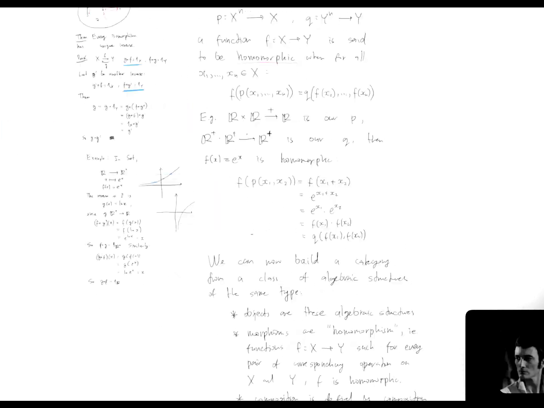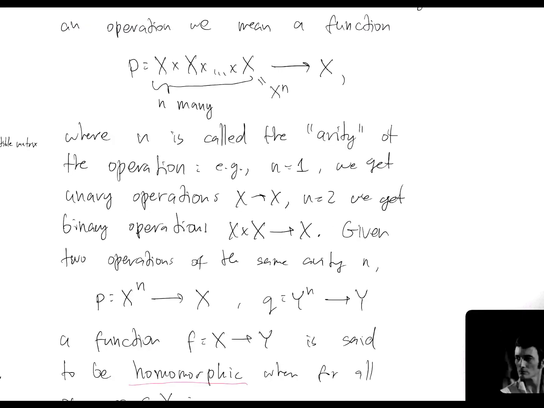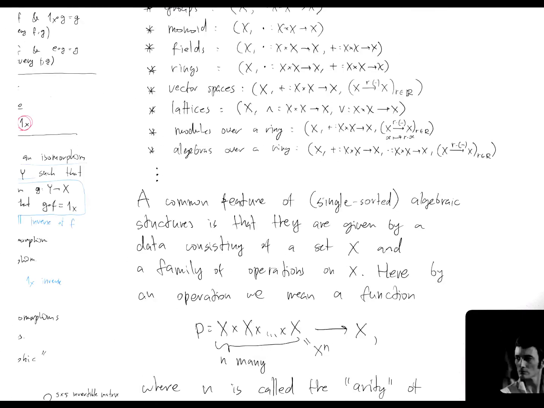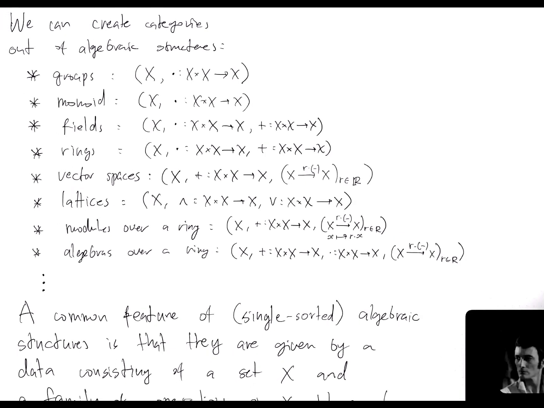But what I do want to do is to give names to the categories we get for the structures that we specified before. There are some standard names for these. The category of groups, where morphisms are group homomorphisms, is called GRP. Monoids is MON. Fields, I'm not quite sure, to be honest.